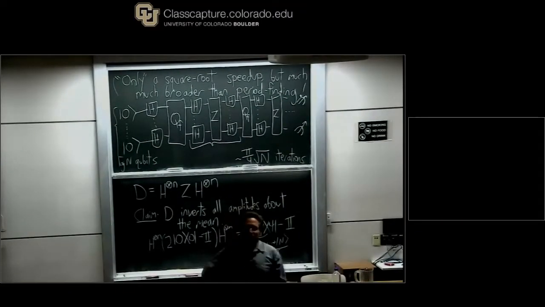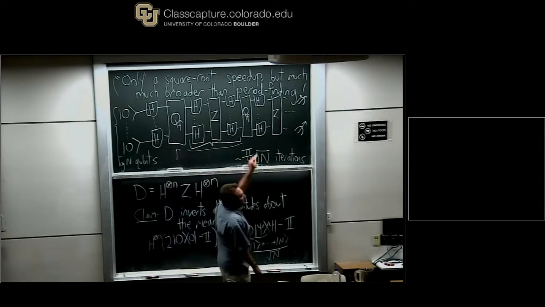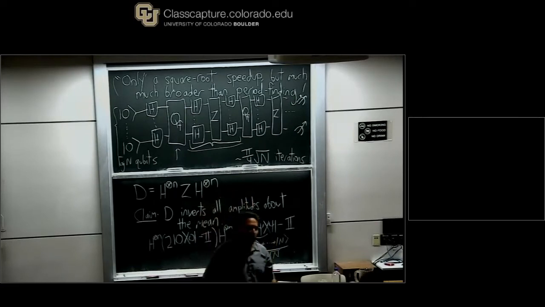So queries that flip the amplitude of the marked item or items. That's the queries to F, and then in between them, these Grover diffusion transforms, that invert all amplitudes about the mean amplitude. And the question is, if you just keep alternating those two things, then what's going to happen?